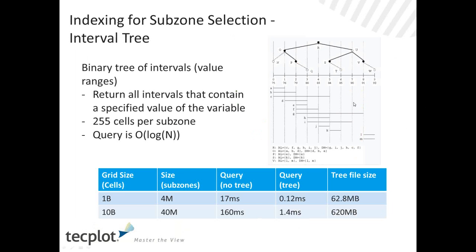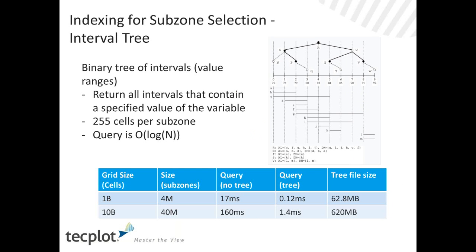So when we talk about the subzone selection interval tree and look at some preliminary results, it's been pretty encouraging, Scott. These results are pretty impressive. Right, and this is for the indexing, determining which subzones you need to load.